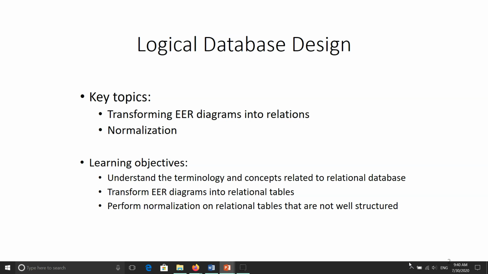And the skills to do that will be very useful when you transform a database concept into an actual database that is functional. Third, you will perform normalization on relational tables that are not well structured. And as I described before, many projects in the real world will come with large tables that are not well structured. And understanding how to normalize tables is a very important skill in order to build databases that are not going to cause integrity problems in the future.